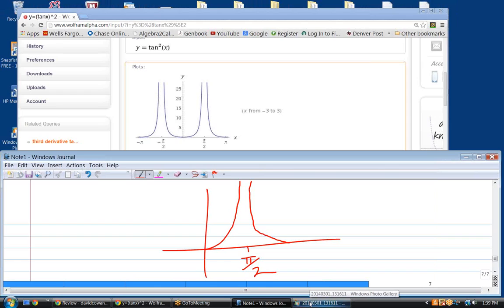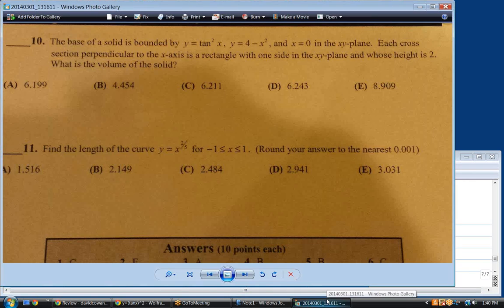That is an upside down parabola that's been vertically shifted up by 4.